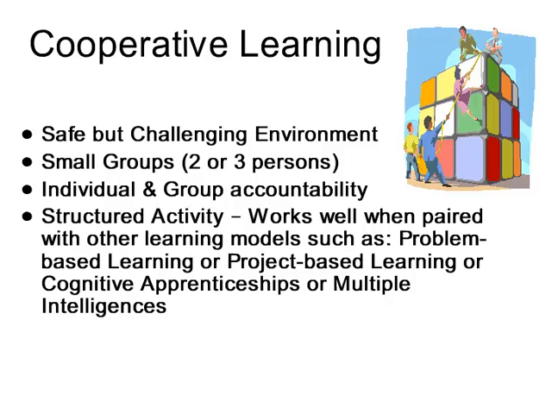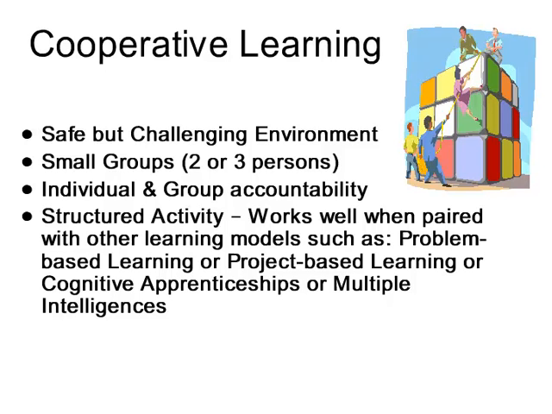There should be some sort of individual and group accountability so that you can solve the problem of one person doing all the work or one person not doing any of the work. You need a structured activity. It works well when paired with other learning models. Again, we've talked about problem-based learning and project-based learning as 2 of the principal ideas for doing more of an inquiry-based approach within an educational environment.